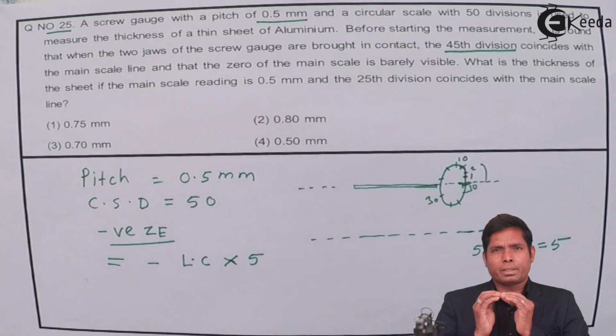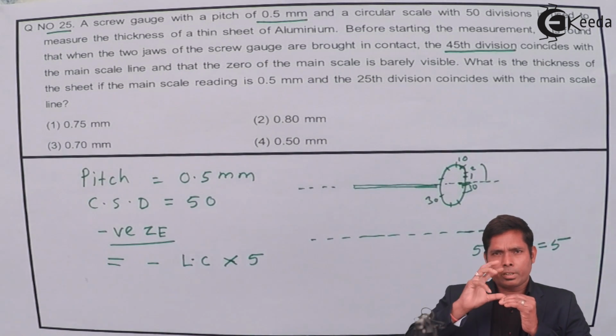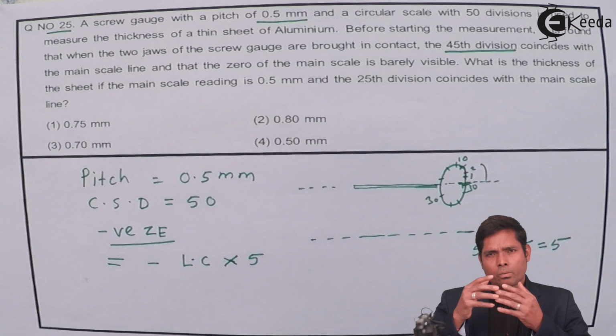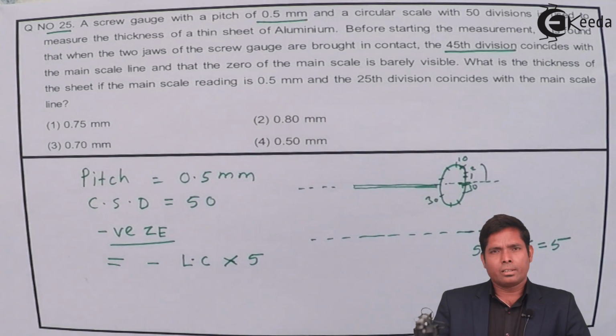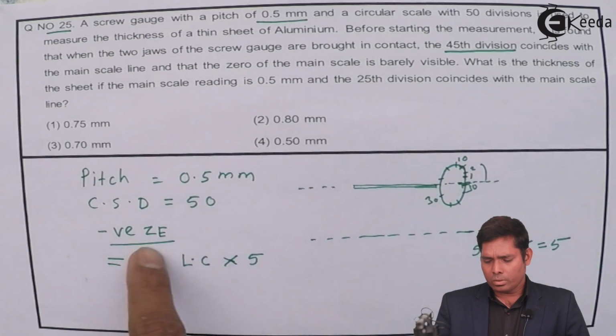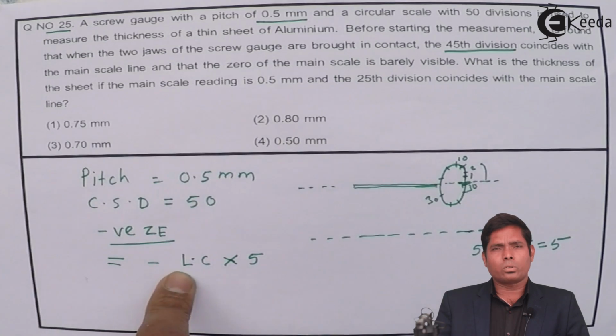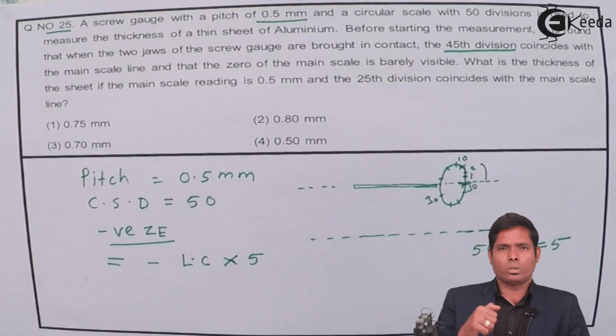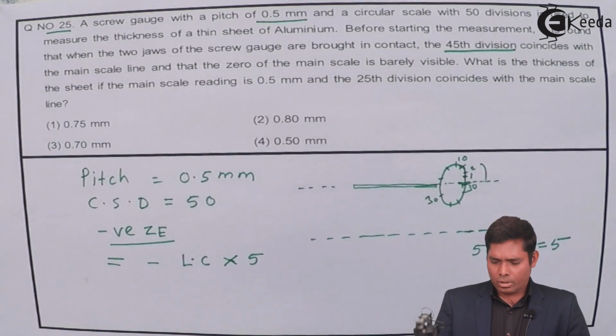The instrument is actually measuring this length, so whatever the reading, it is always this length less than the actual reading. So the actual reading will be less by this amount, and this amount has to be added to the final reading.